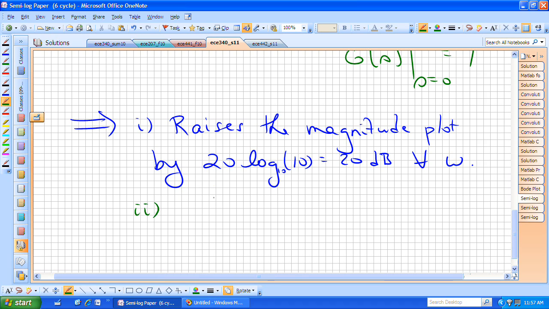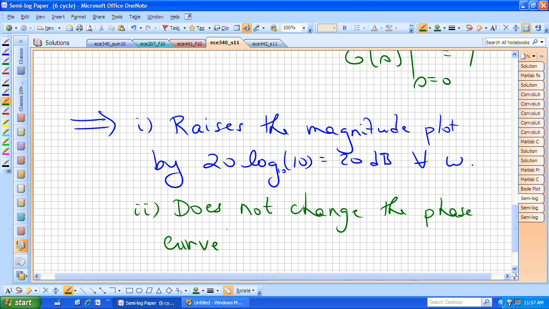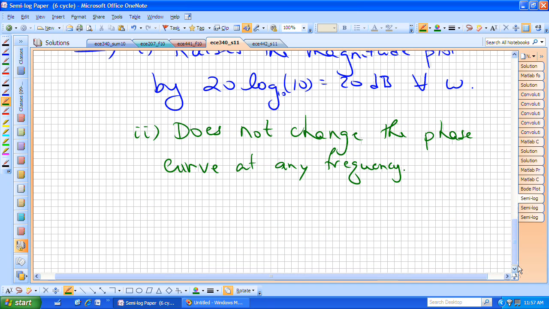And so the second observation is that this gain change does not change the phase curve at any frequency.